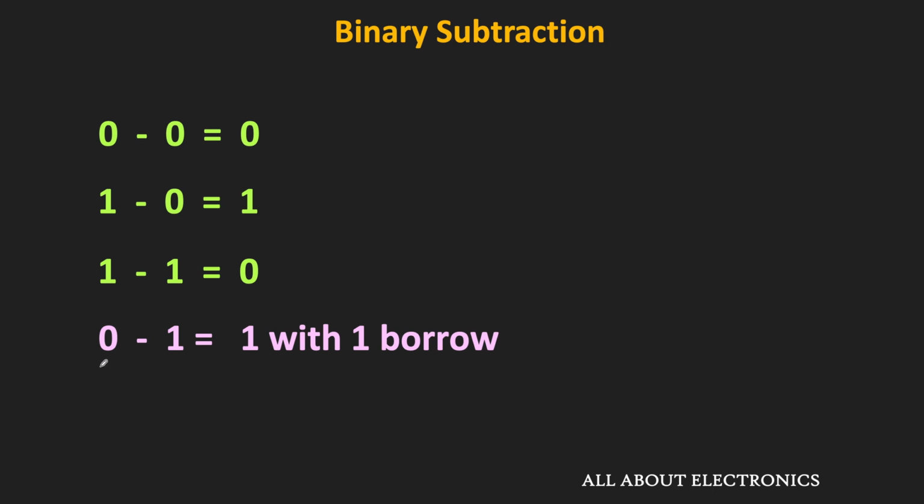In this case, since 0 is less than 1, we cannot subtract 1 from the 0, and therefore we need to take the borrow from the next column. So these are the binary rules for the column by column subtraction. The first three rules are pretty straightforward, but for the last one, we will go through an example.